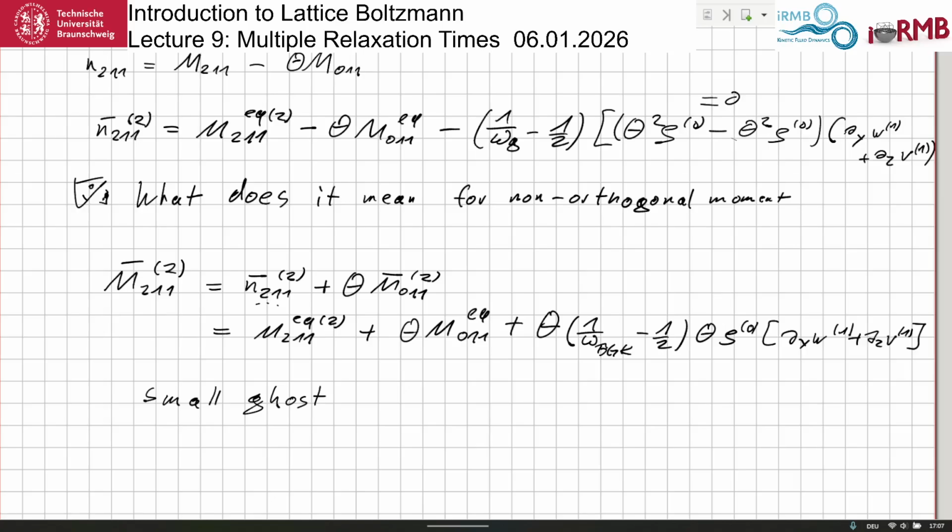So if you go to Tim Krüger's book on the lattice Boltzmann method, they will present the different possibilities for orthogonality as a fact, without any conclusions or consideration of what this means, because this book was just published before there was a better understanding of this.